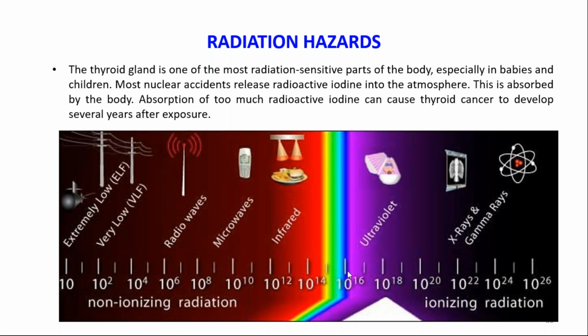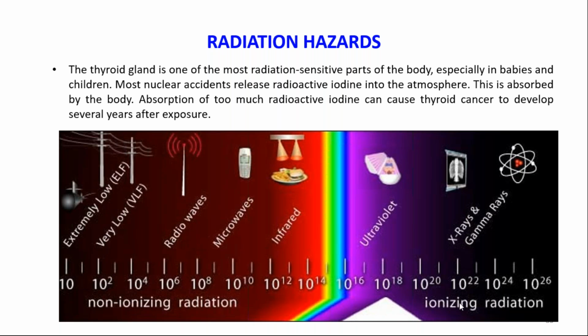The thyroid gland is one of the most radiation-sensitive parts of the body, especially in babies and children. Most nuclear accidents release radioactive iodine into the atmosphere. This is absorbed by the body, and absorption of too much radioactive iodine can cause thyroid cancer to develop several years after the exposure.